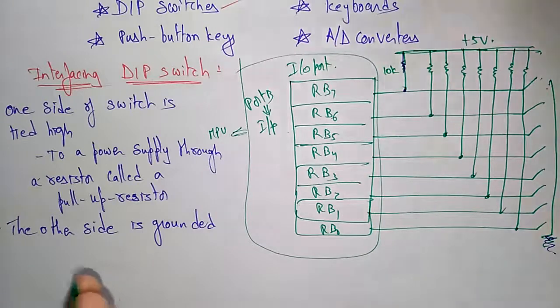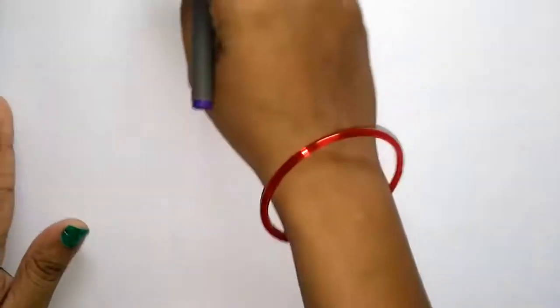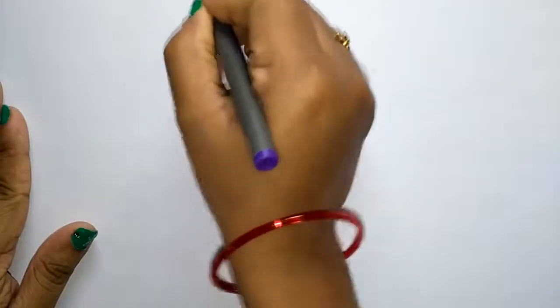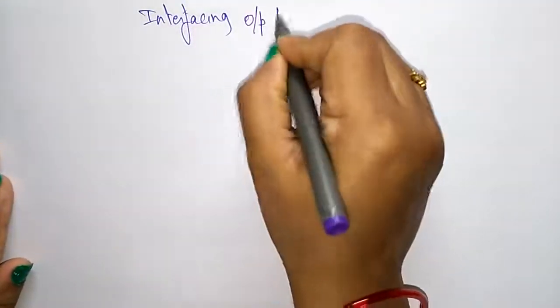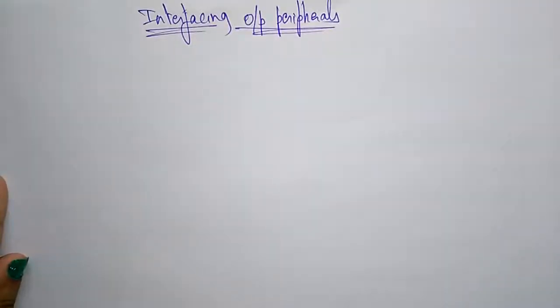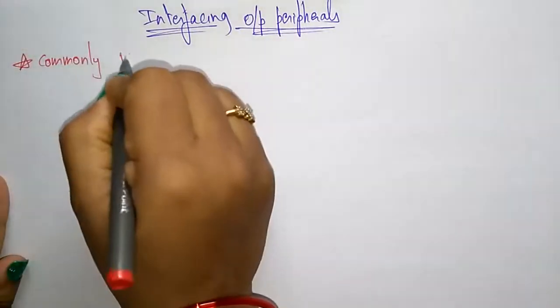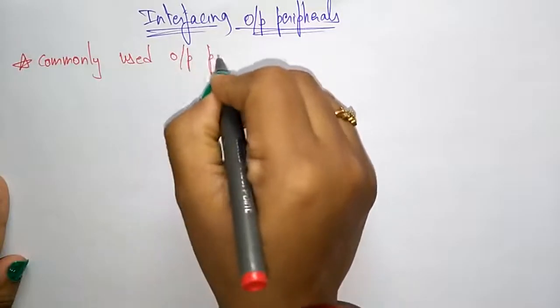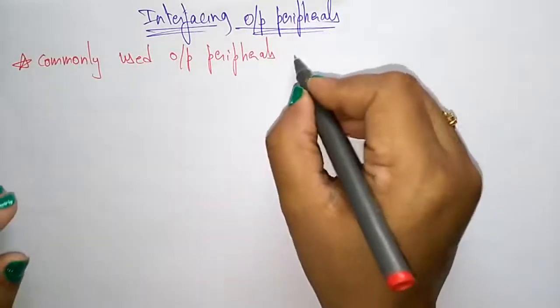Now let us see the commonly used output peripherals. The next topic is interfacing output peripherals. What are the commonly used output peripherals in an embedded system?